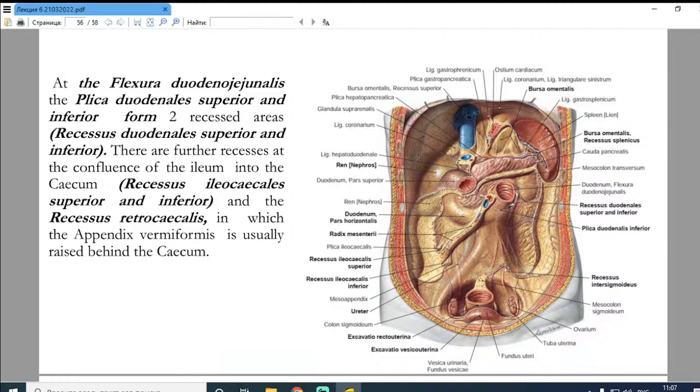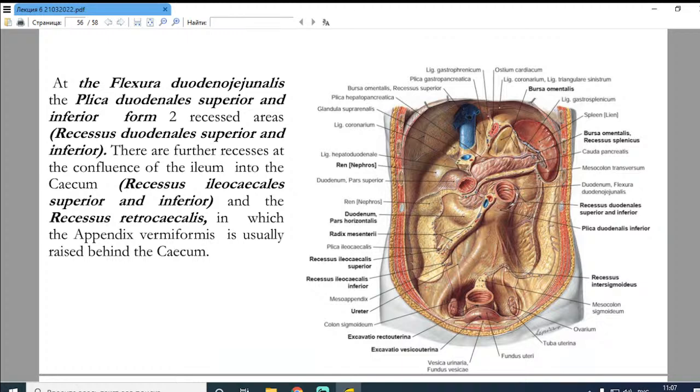The plica duodenalis superior and plica duodenalis inferior form two recessus areas: the recessus duodenalis superior and the recessus duodenalis inferior. These are recessus.